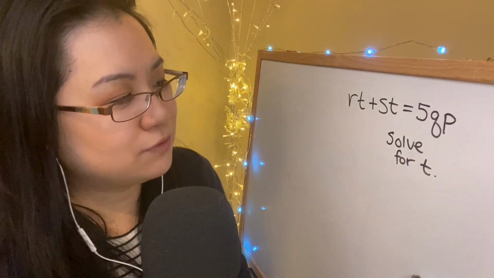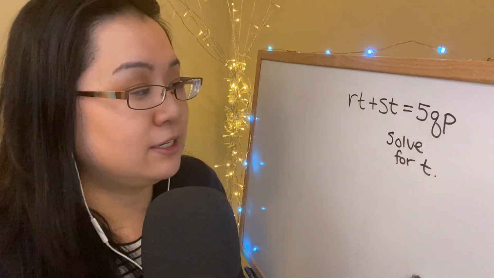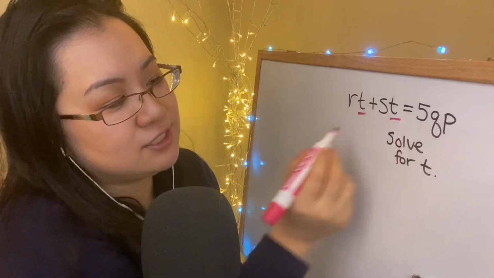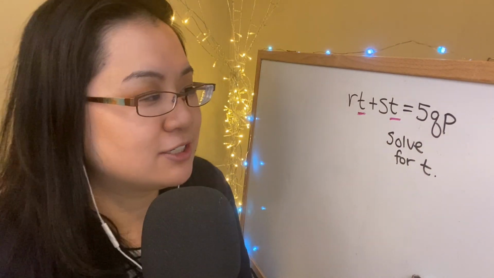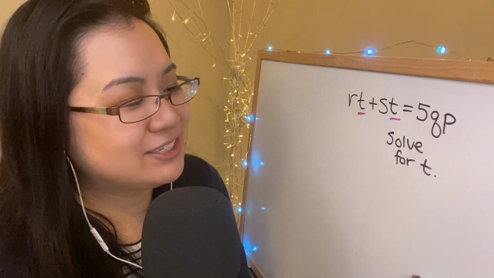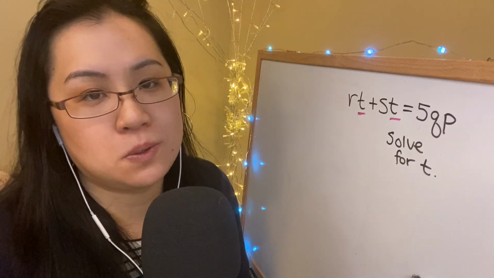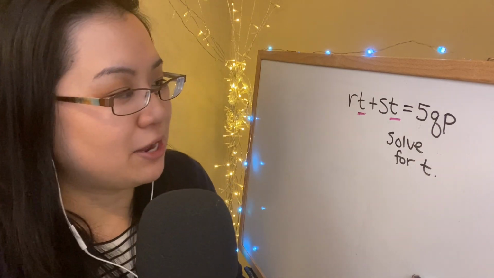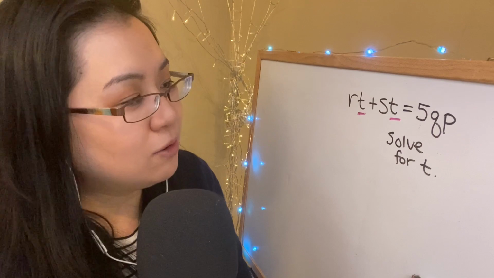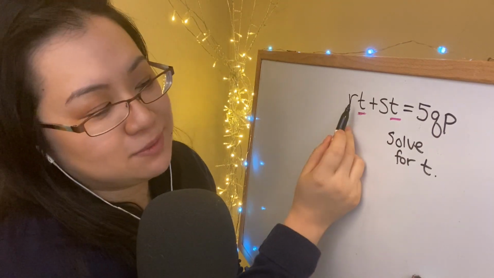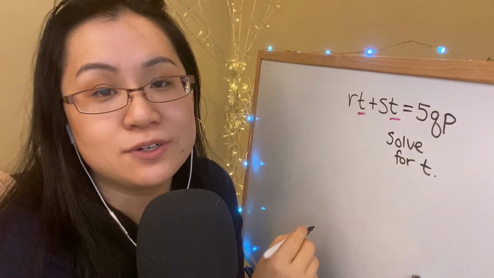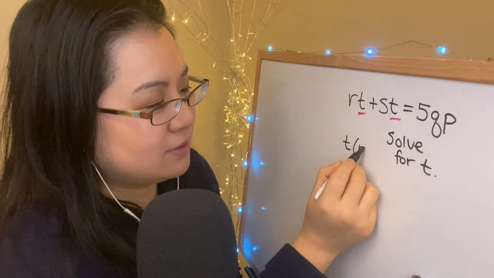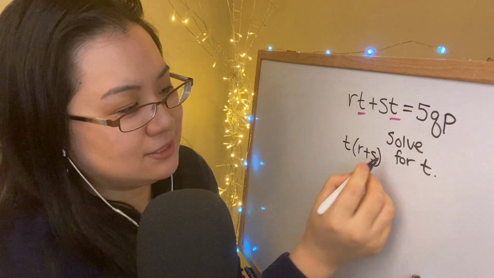Okay. So first thing, let's locate T. Well, we have a T here and a T here. Interesting. So how do we actually isolate this T now if it's in two places? In this case, I have R times T plus S times T, so conveniently, we can actually factor, which is quite nice.